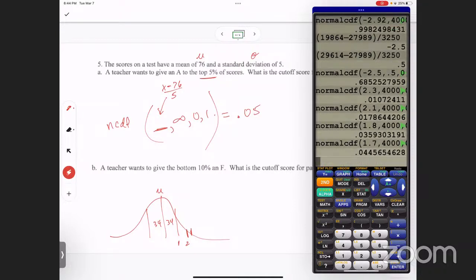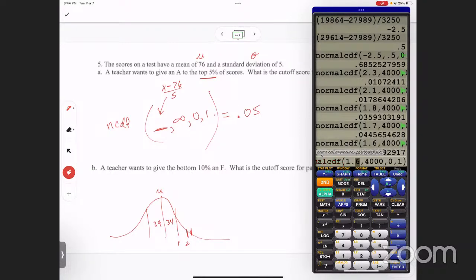So that's close. How about 1.8? I'm sorry, 1.6. All right, so it's going to be between 1.6 and 1.7. So maybe 1.65 now. This is called extrapolating. Yeah, okay, extrapolating the data.